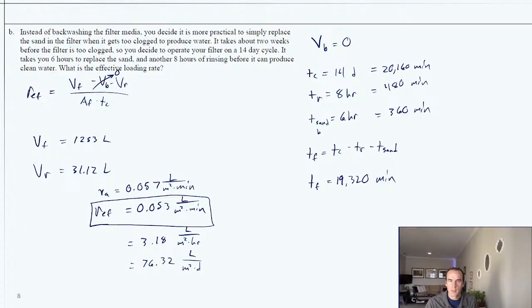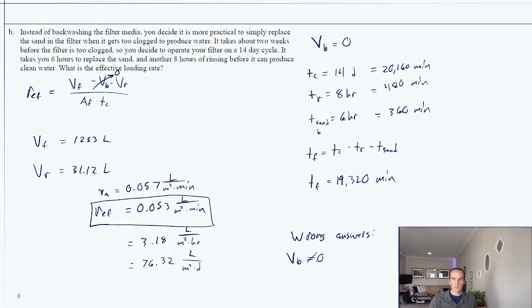One thing I'll note is some people got this wrong, but close. So several people calculated some wrong answers in a couple of manners, largely if you had VB was not 0.